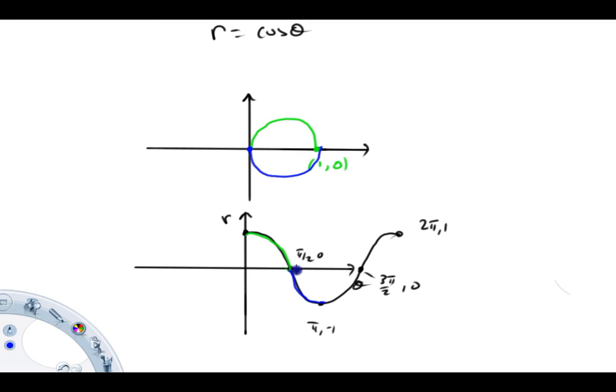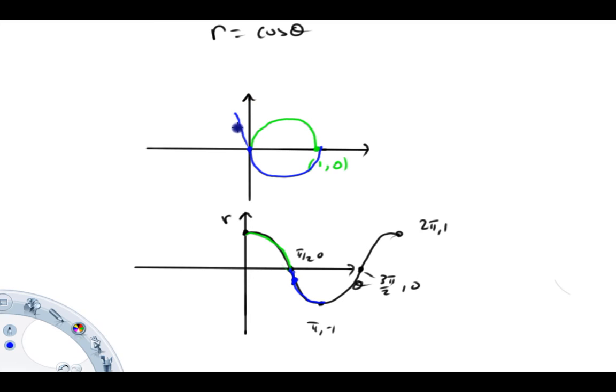Again, you notice that at pi over 2, the radius is 0. That's this point right here, angle of pi over 2, radius 0. Then think about an angle like pi over 2 plus a small amount, maybe 0.1. That moves us just a little bit down on this curve. We'd be maybe here. Pi over 2 plus 0.1 is just slightly to the left of the vertical axis here.